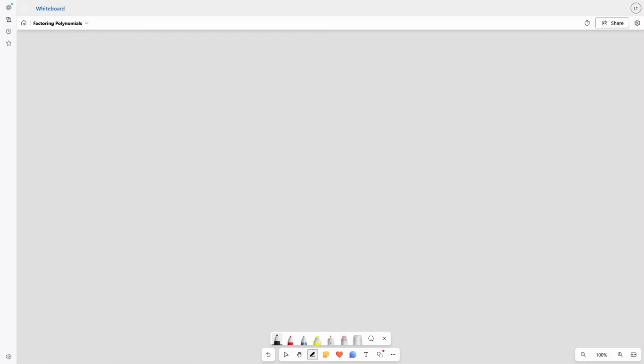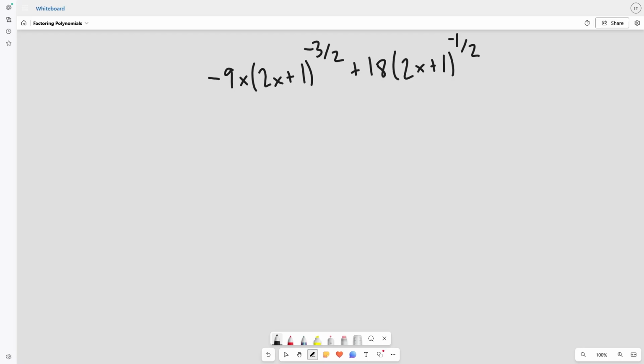So what if the exponent is negative? Let's say we have negative 9x times 2x plus 1 to the negative 3/2 plus 18 times 2x plus 1 again to the negative 1/2.